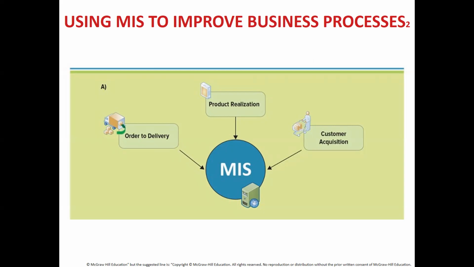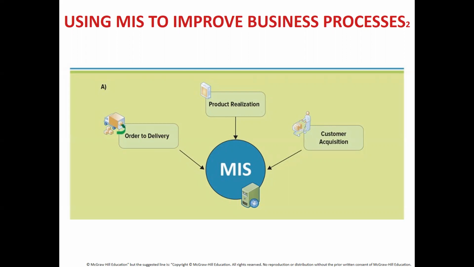However, do note this: the MIS, the computerized system that you have, does not drive your business processes. The business processes drive the MIS. In other words, your management information system is dependent on the business process and not vice versa.